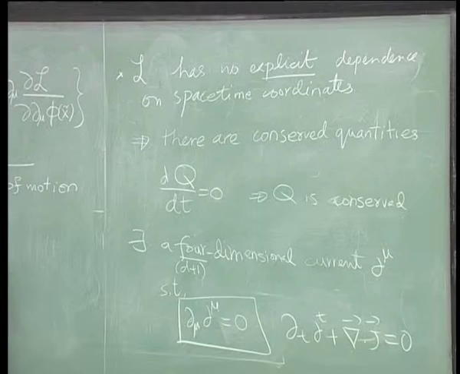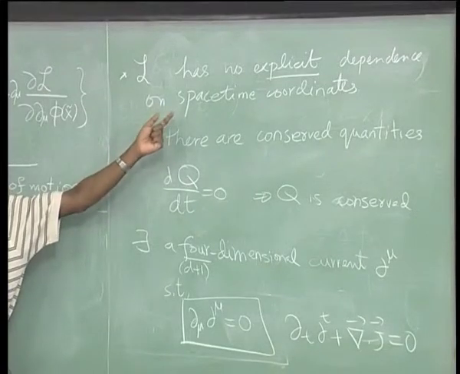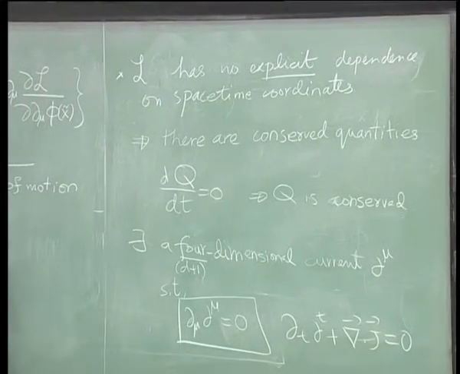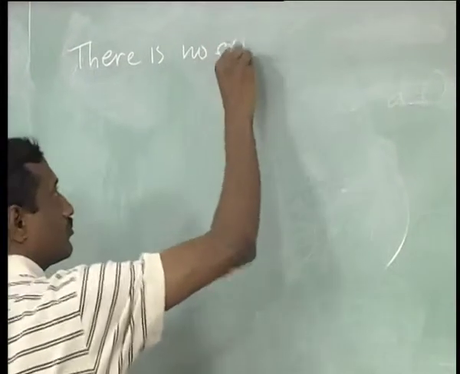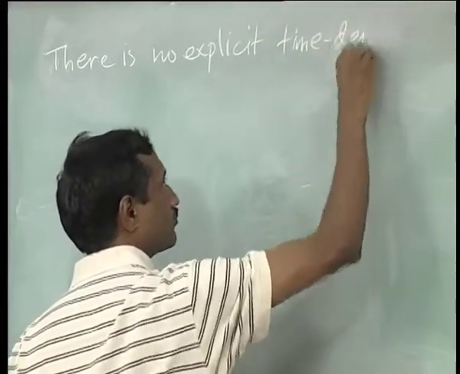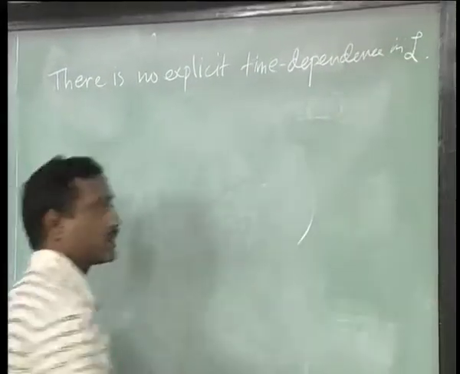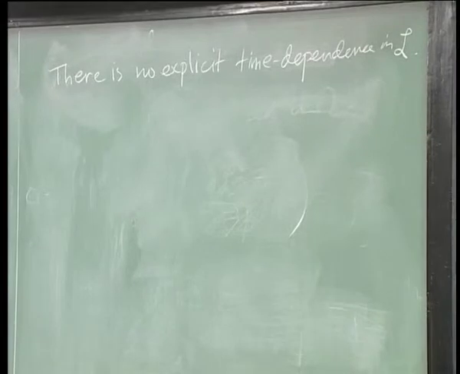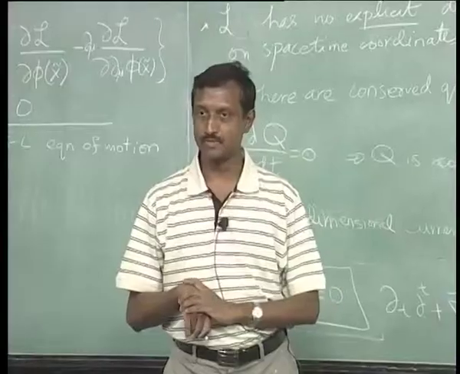So, for instance, we said that the Lagrangian has no explicit dependence on space and time coordinates. So, let us focus on time. So, in classical mechanics, when we had systems where there was no explicit time dependence, we got a constant of motion, which was the energy.